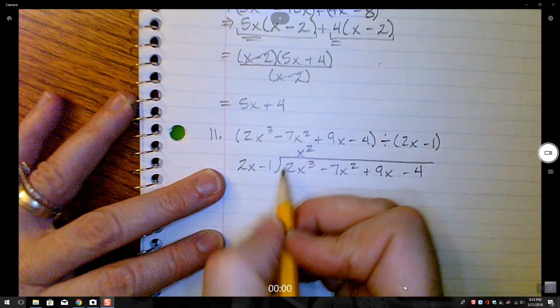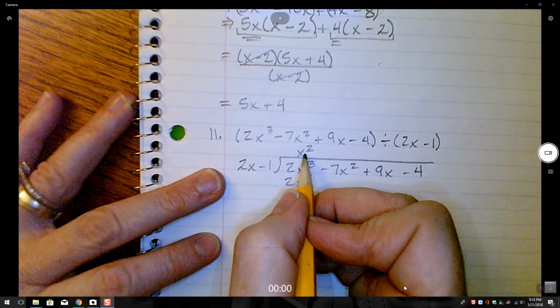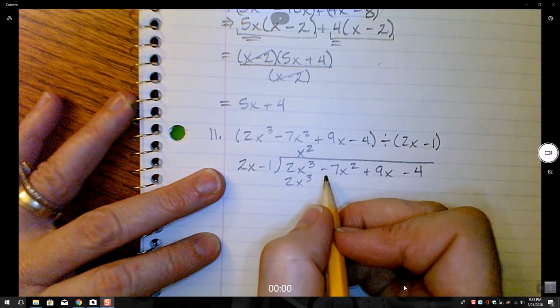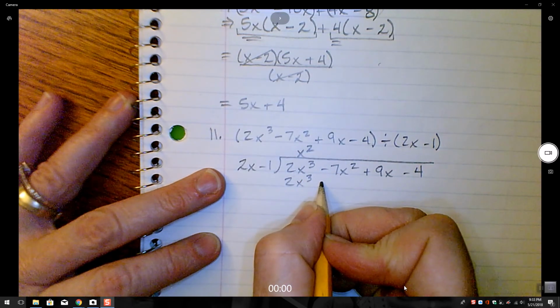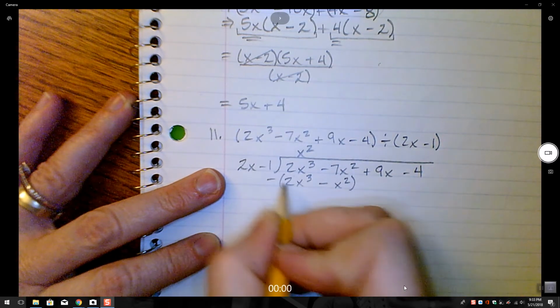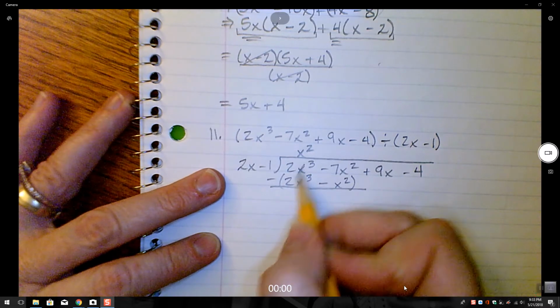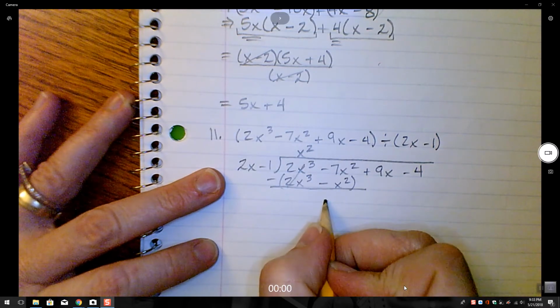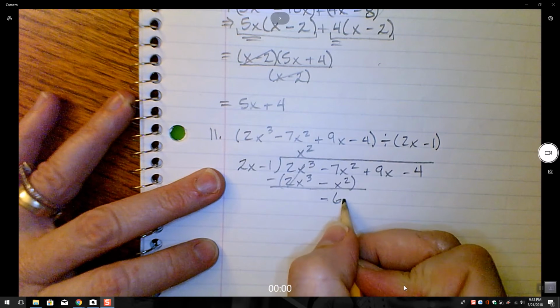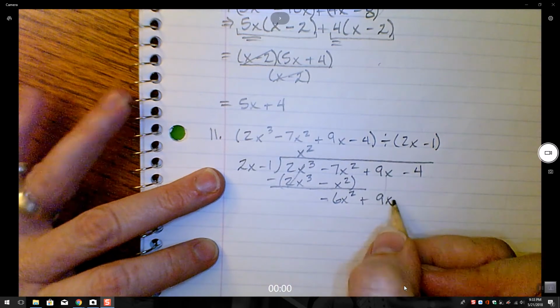So x squared times 2x is going to be 2x cubed, and then x squared times minus 1 is going to be minus x squared. I'm subtracting that because that's how we do long division, right? And these cancel each other out, and I will get a negative 6x squared, plus bring down my 9x.